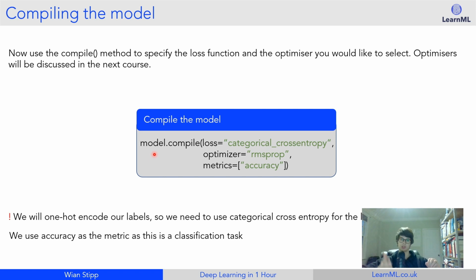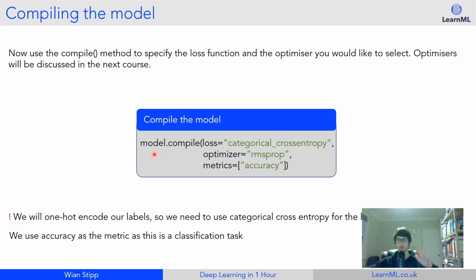Now we do model.compile, and you don't have to assign a variable to this, because model is simply an object. Think of it in object-oriented programming: you have an object, and now we're changing the state of this object by associating this loss, this optimizer, and these metrics.